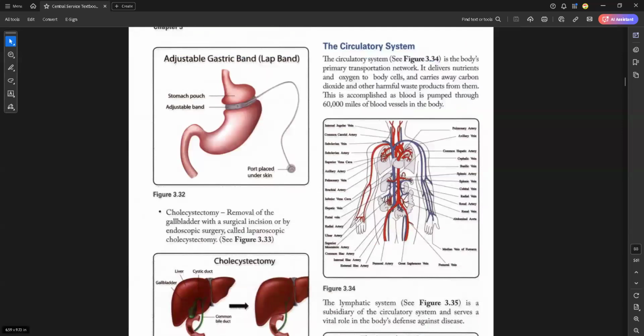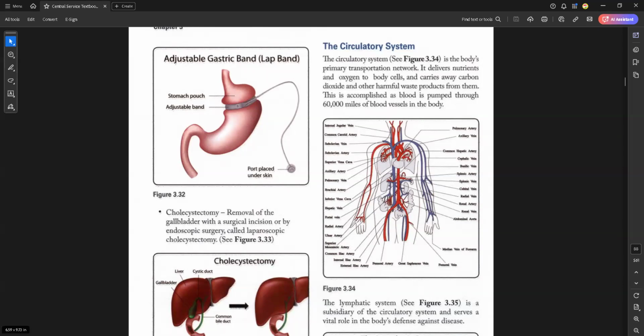Yes. So when you see that picture, 3.32, as you can see, they tie something up. Yeah, adjustable gastric band. We are not medical doctors, so you are not all that interested in this. You are interested in the surgical procedure, which is cholecystectomy, for example, removal of the gallbladder with a surgical incision, or by endoscopic surgery called laparoscopic cholecystectomy.